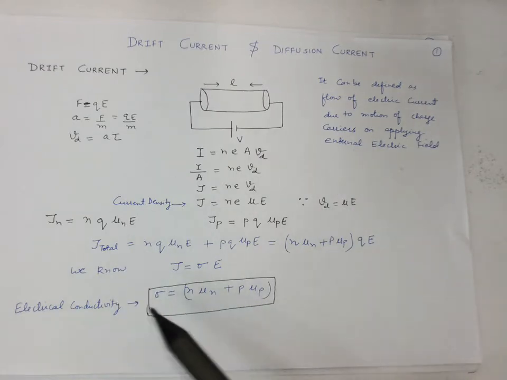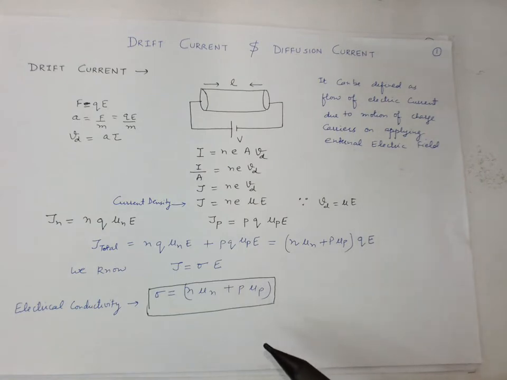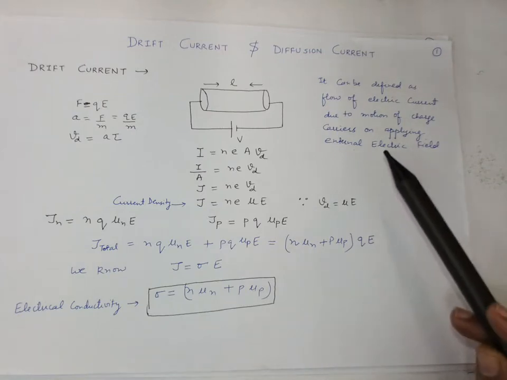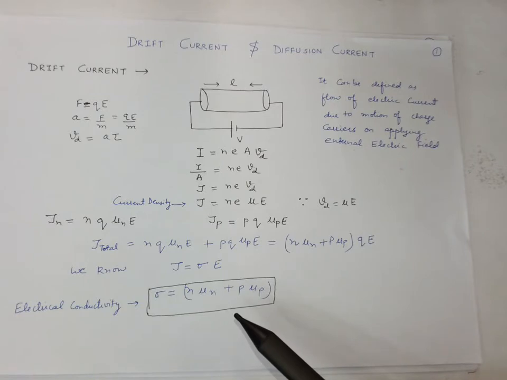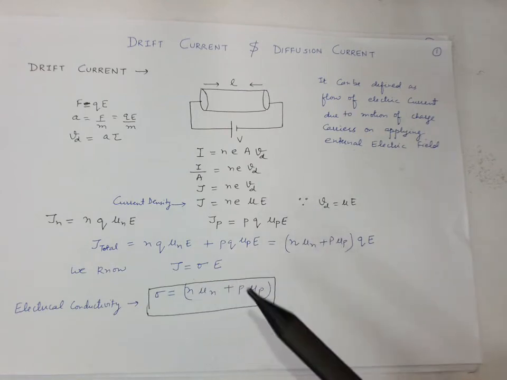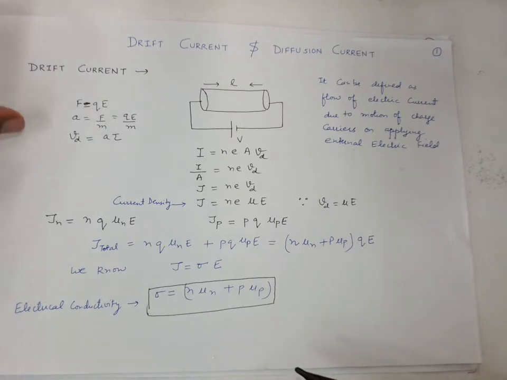So the summary for drift current is that it is the current established due to the motion of charged particles on the application of an external electric field. I have also given you the derivation for the electrical conductivity of the semiconductor on account of drifting of the charged particles.